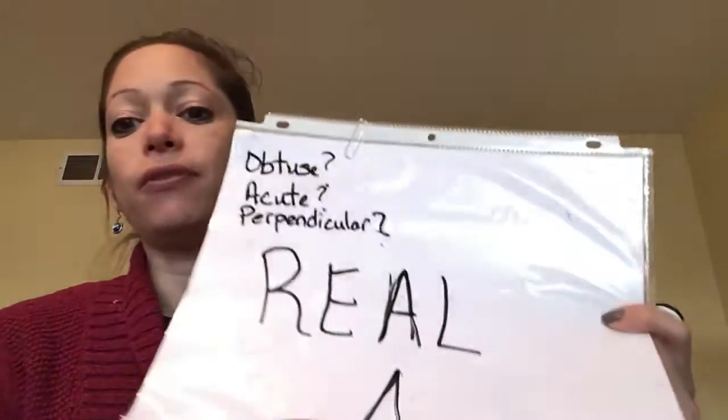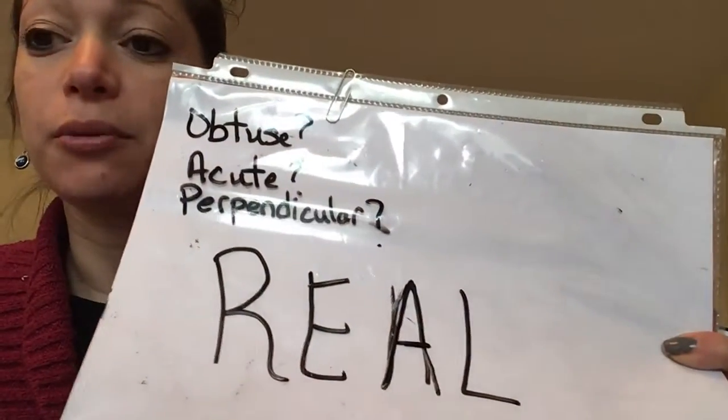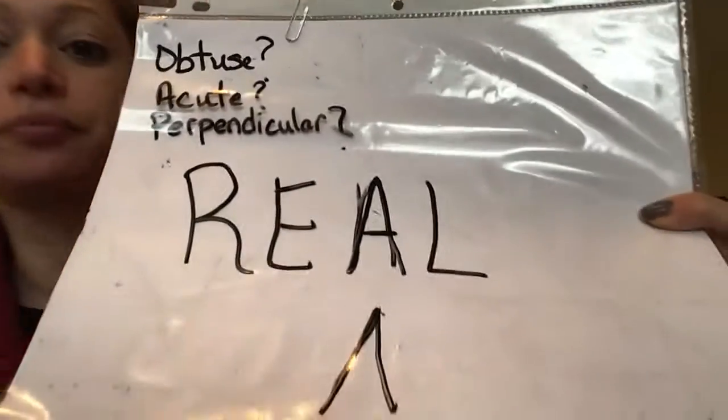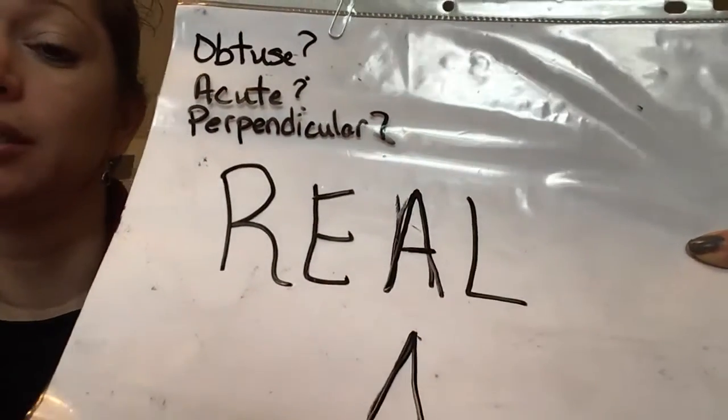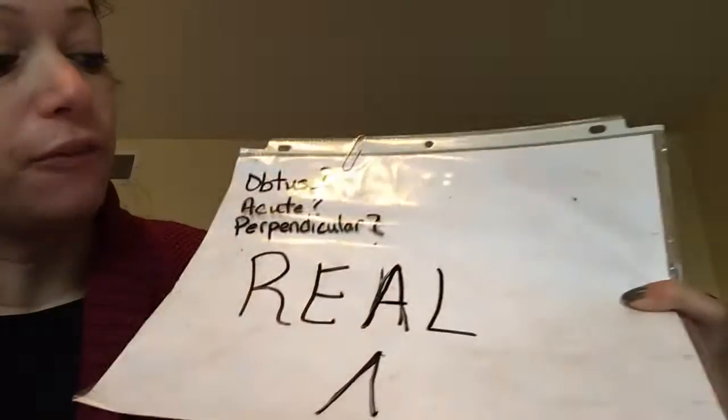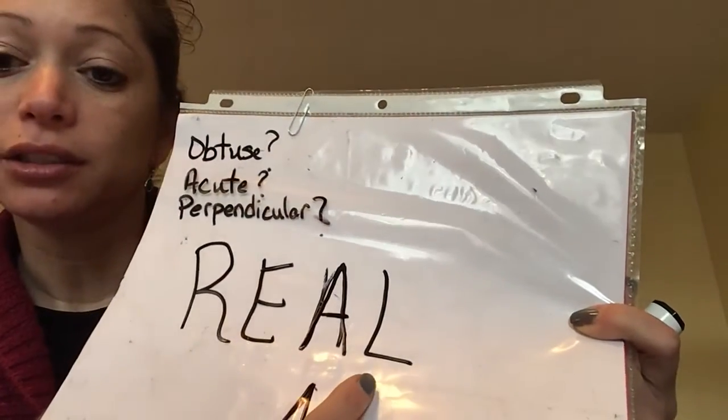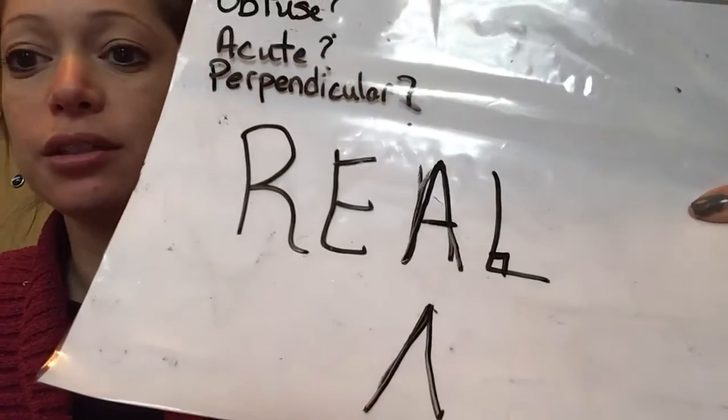Can we see any right angles or perpendicular lines? Definitely. Which two letters do you see perpendicular lines? Shout it out. If you're thinking the L, yes, the L you can see right away has a right angle. Those are perpendicular lines.